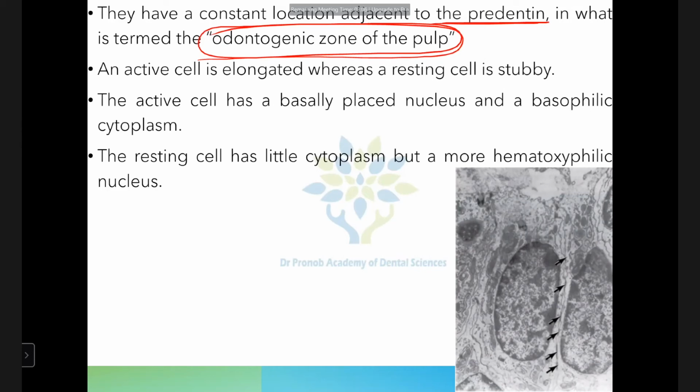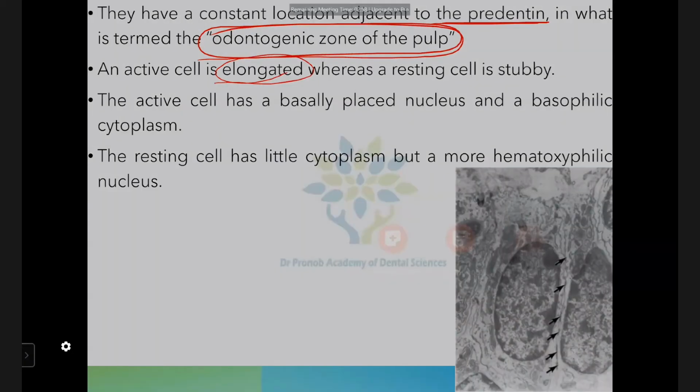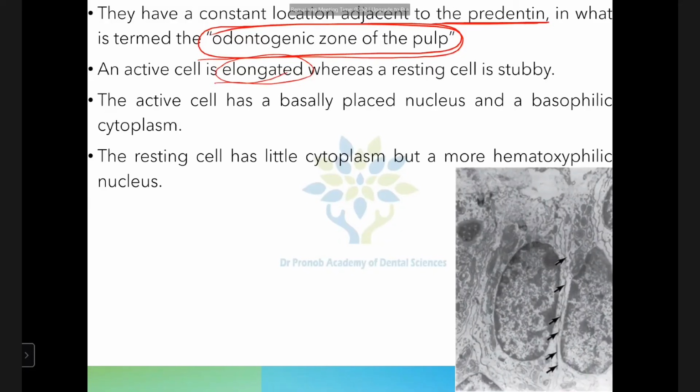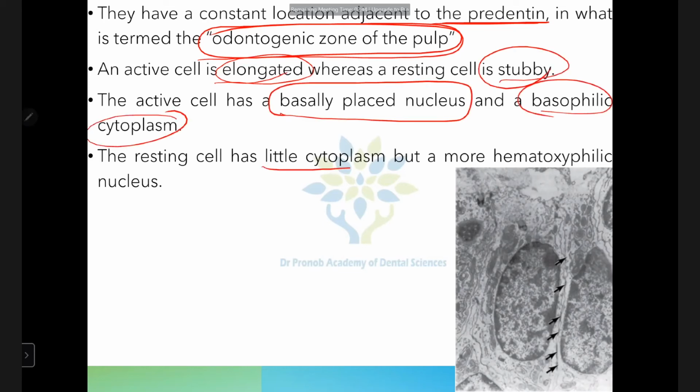And if these odontoblasts are active, then the active cells are elongated. If the cell is constantly producing dentine, if it is very active in dentine production, then it is elongated. Whereas the resting cell is somewhat stubby. The active cell will have a basally placed nucleus and basophilic cytoplasm, whereas the resting cell will have little cytoplasm but a more hematoxyphilic nucleus.